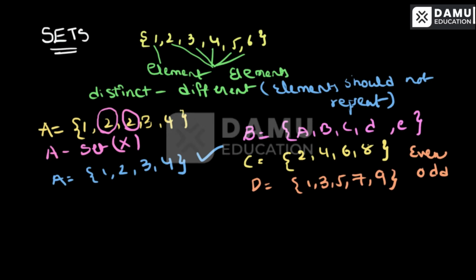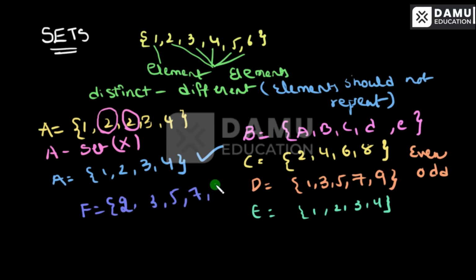Next, we'll write the set of natural numbers. Then E will be equal to 1, 2, 3, 4, and so on. That is natural numbers. Next, we'll write prime numbers. F will be equal to 2 will come first. Prime numbers 2, 3, 5, 7, 11 and so on.